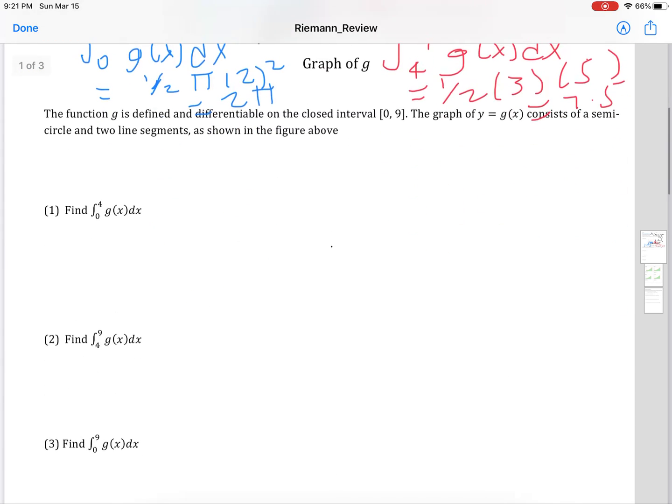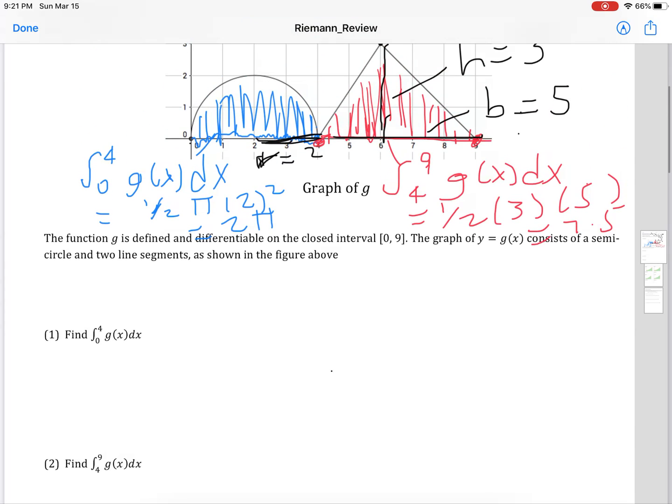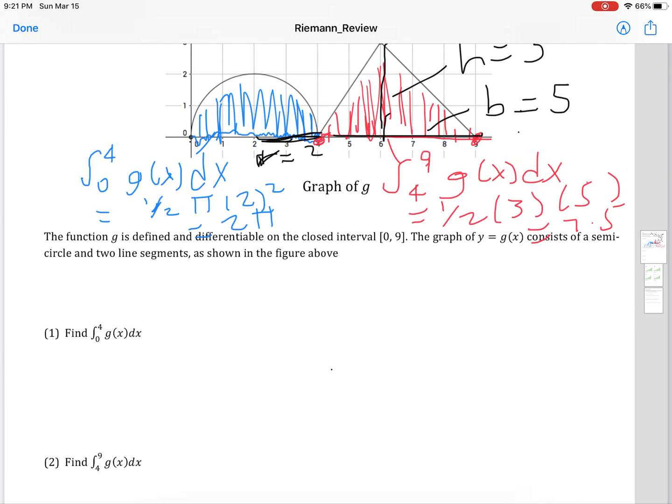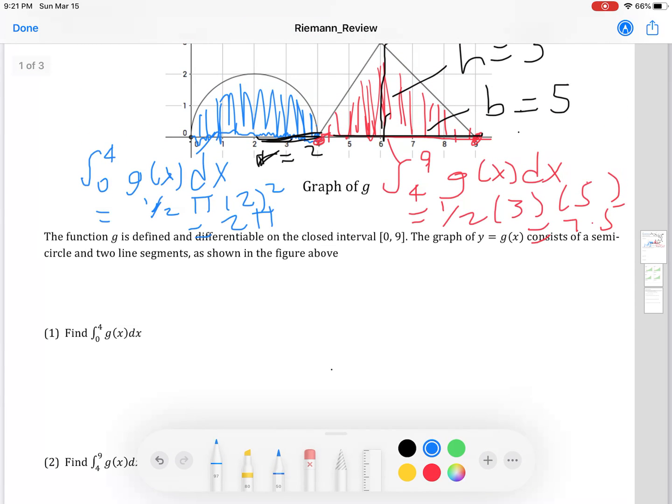So let's look at the questions and what they're asking. First question, the integral from 0 to 4 of g of x. Well, here's the good news. We already computed that just by using the simple concept of geometry.